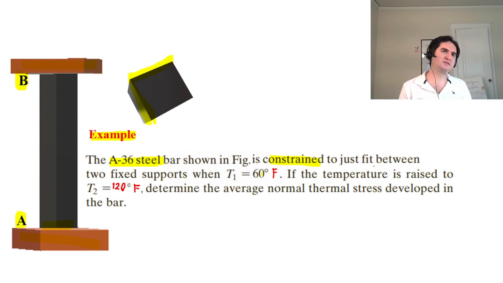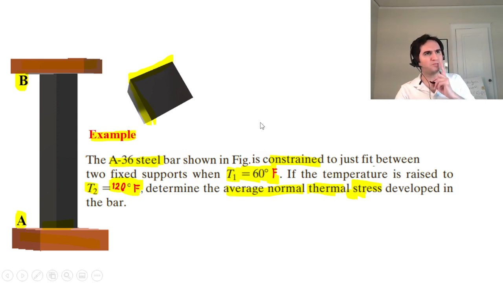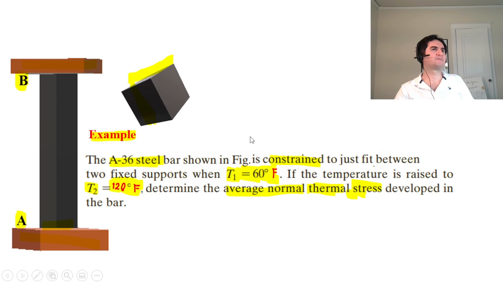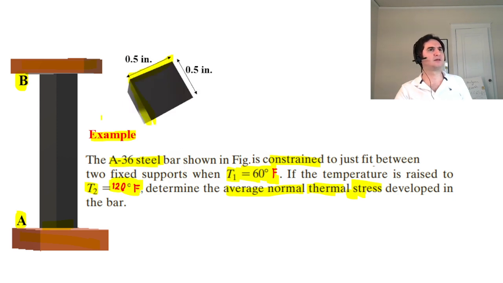When the initial temperature is 60 degrees Fahrenheit and we heat it up to 120 degrees Fahrenheit, we want to see what the average normal thermal stress in the structure is. The cross-sectional area is 0.5 inch times 0.5 inch.